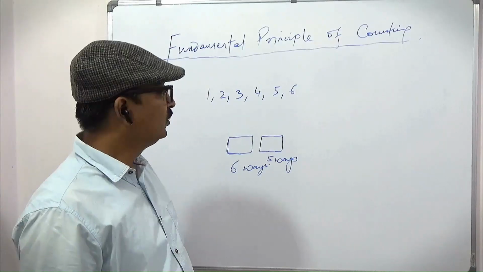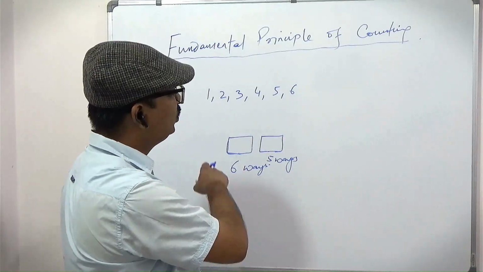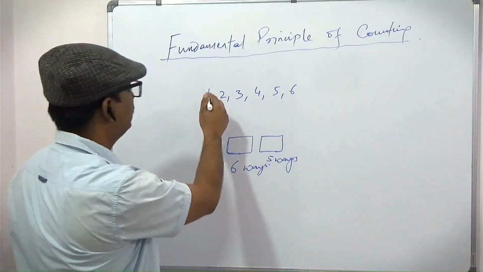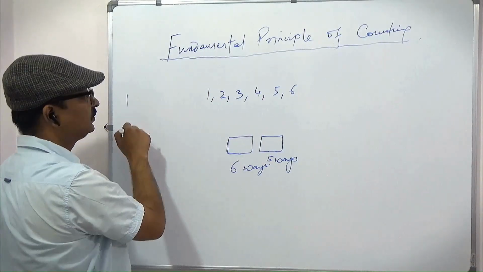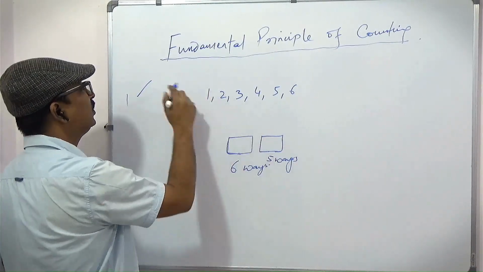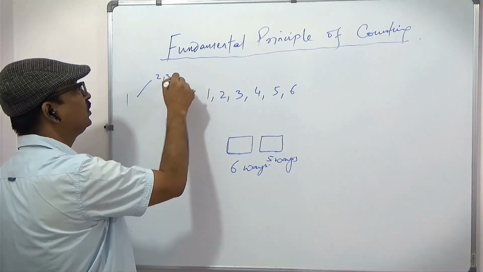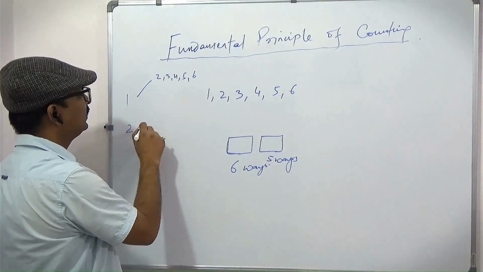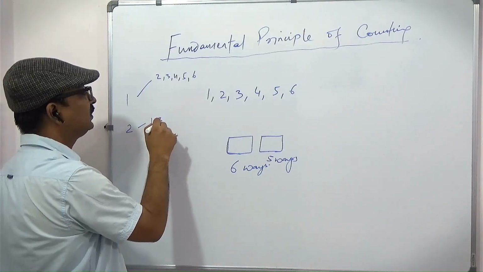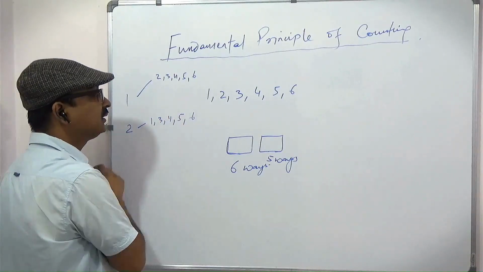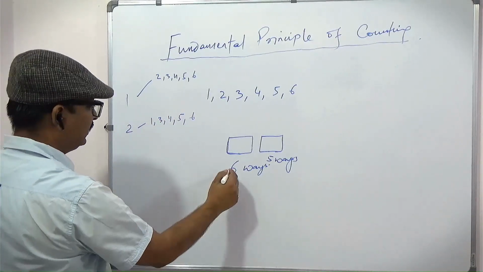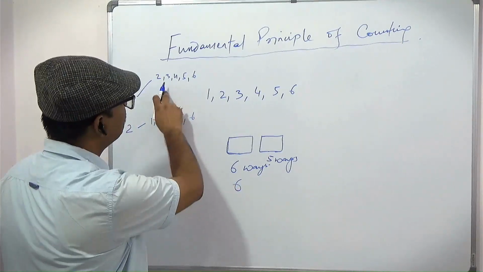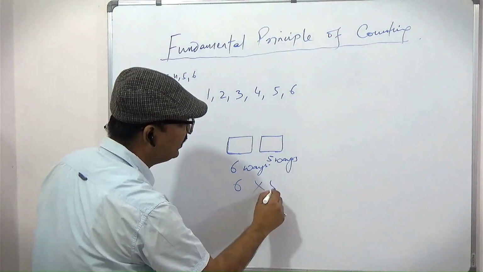Okay. So how many total number of occurrences are possible? Let's see. When this was 1, the second slot was 2 or 3 or 4 or 5 or 6. When this was 2, the second slot was 1, 3, 4, 5 or 6. This way, the first slot could be filled in 6 different ways, and the second slot could be filled in 5 different ways.